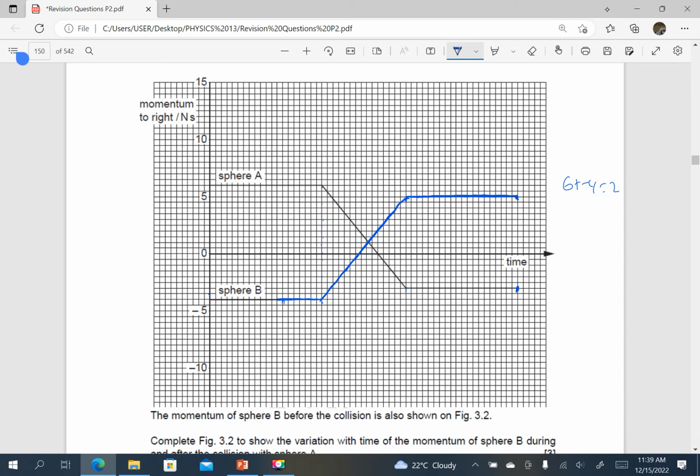So here at the bottom for sphere B, what is this total momentum? This is 1, 2, 3.